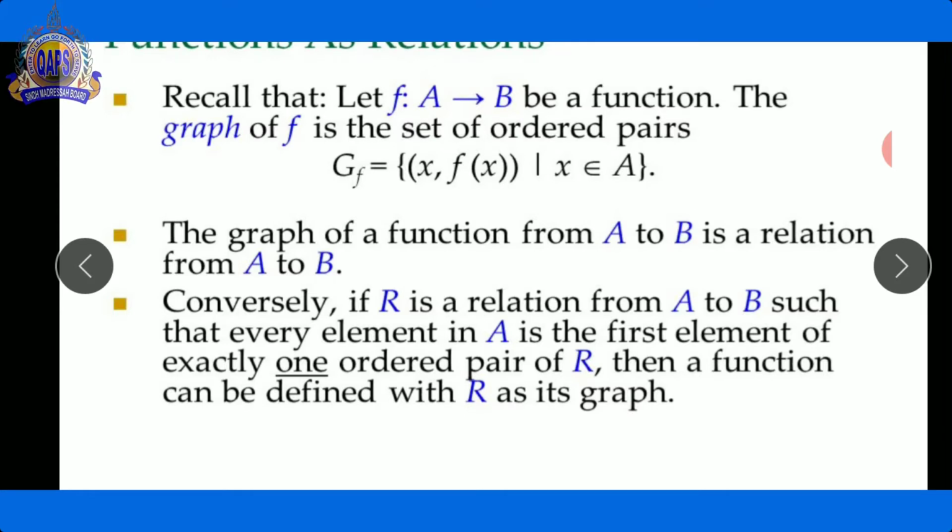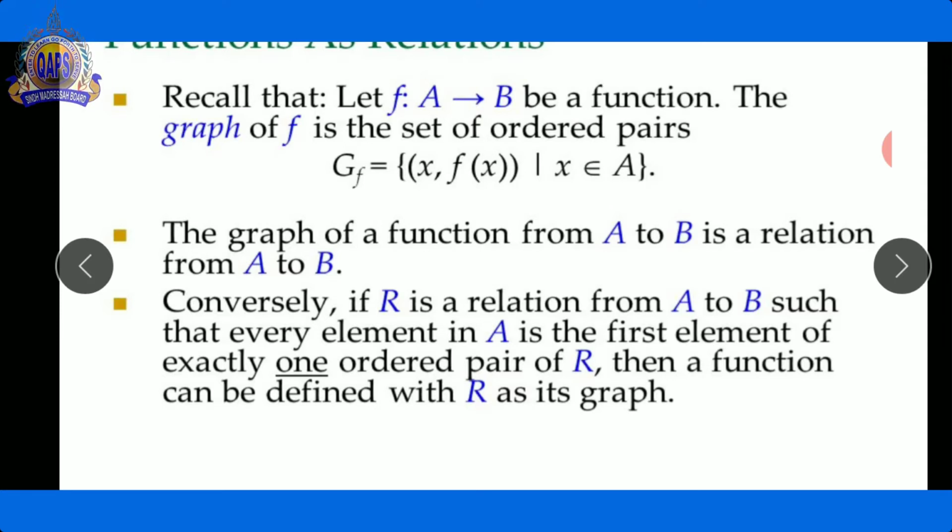So that's why we go only to the gallery. Whatever input we give, that type of output comes. So the definition of a function is that every input has a unique output.